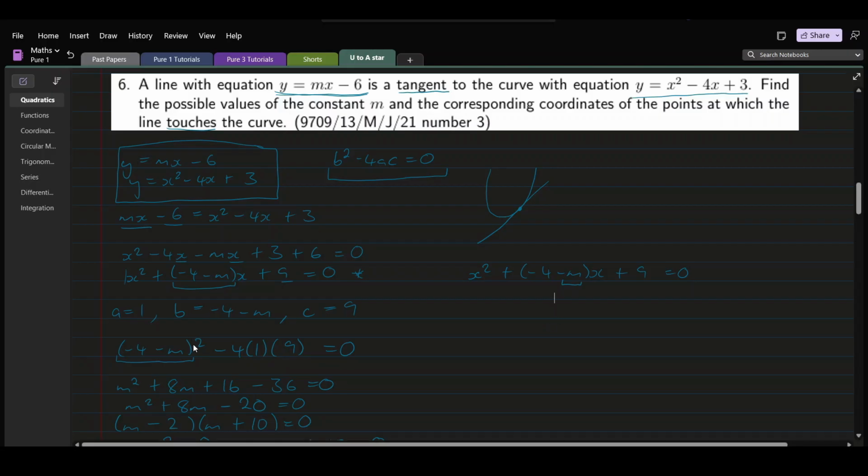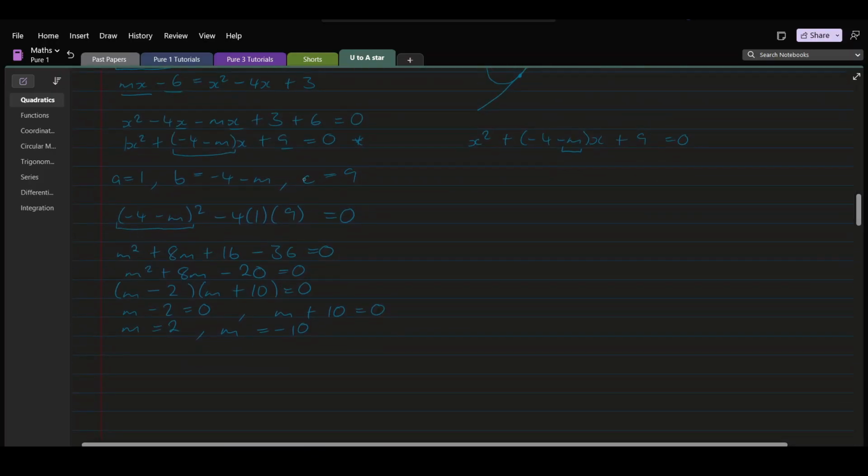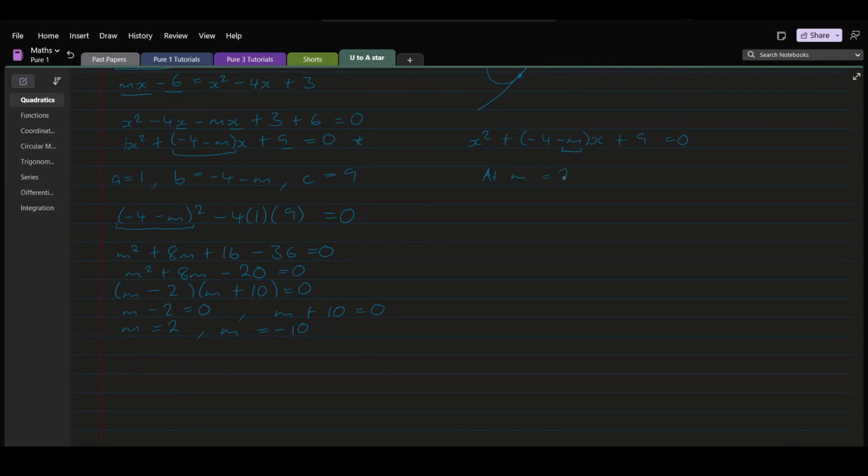So in this case, we had two values for m, so we'll start at m is equal to 2. At m is equal to 2, this quadratic would become x squared plus negative 4 negative 2x plus 9 is equal to 0. So that becomes x squared minus 4 minus 2, that's negative 6x plus 9 is equal to 0.